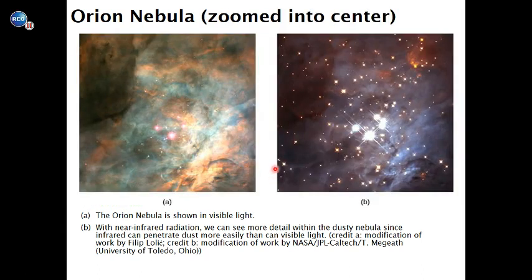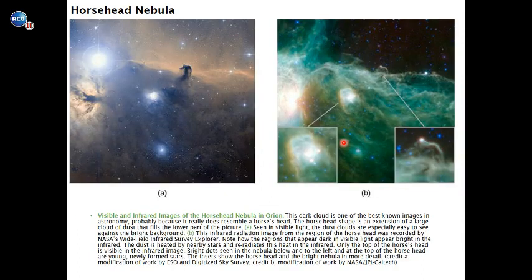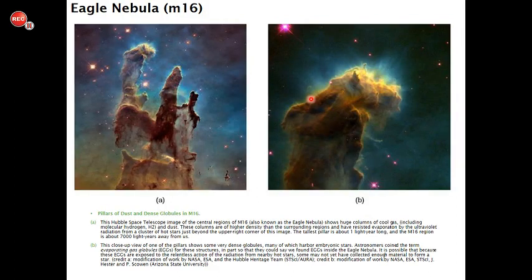And if we zoom in, we can see the stars that are forming in this cloud. And the same sort of thing is going on. We can see the star-forming regions in infrared light, where in visible light we wouldn't be able to see them. And again here for the Eagle Nebula.